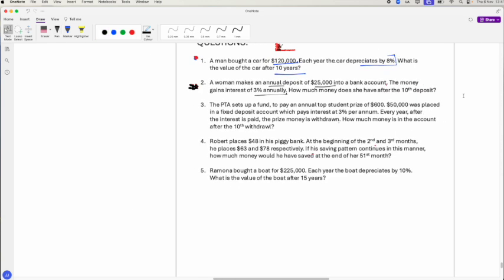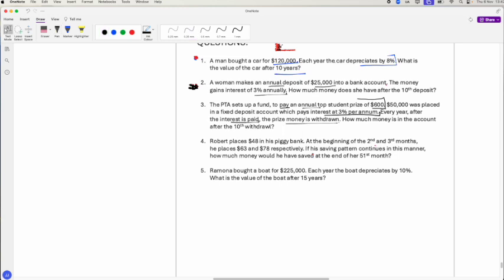Right, so number 3. The PTA sets up a fund to pay an annual top student prize of $600. So they pay in it annually, right? 50,000 was placed in a fixed deposit which pays an interest per annum of 3%, and every year when the interest is paid, the prize money is withdrawn.